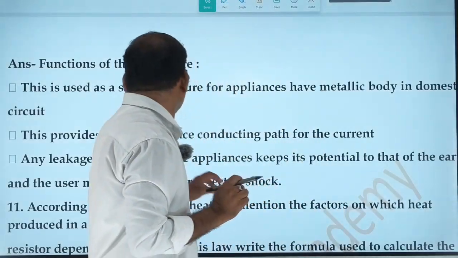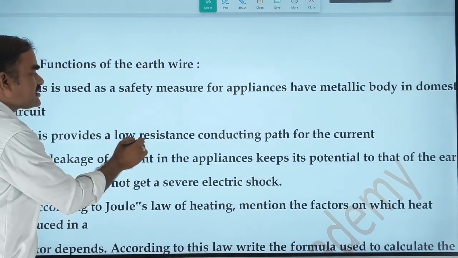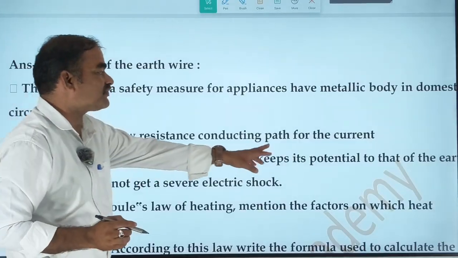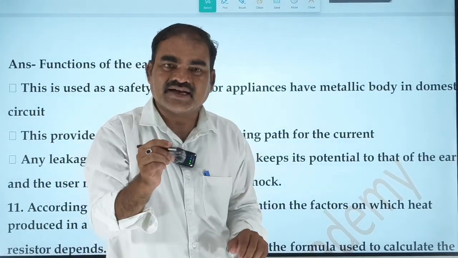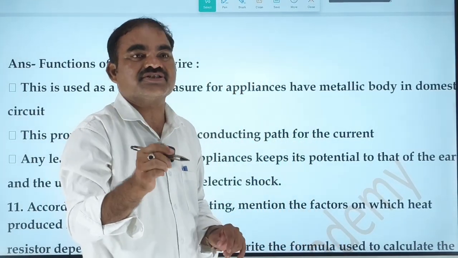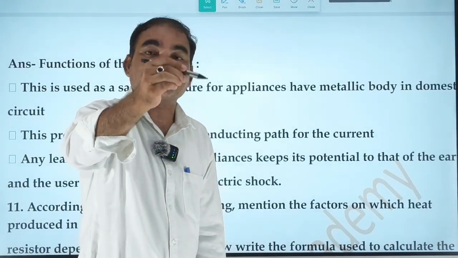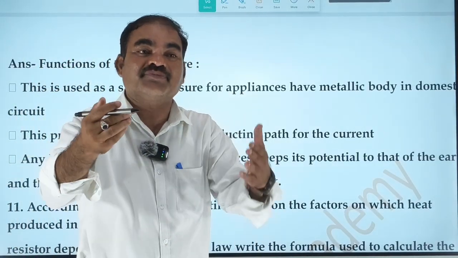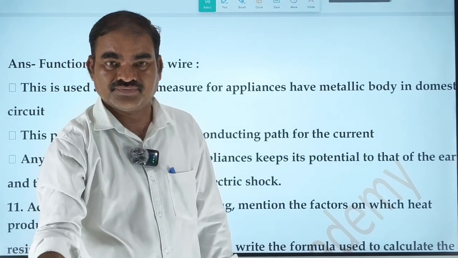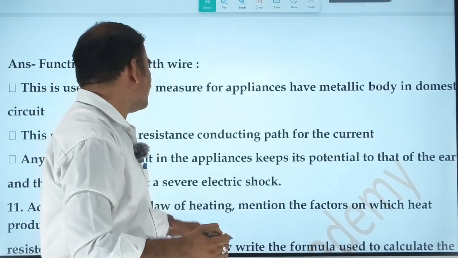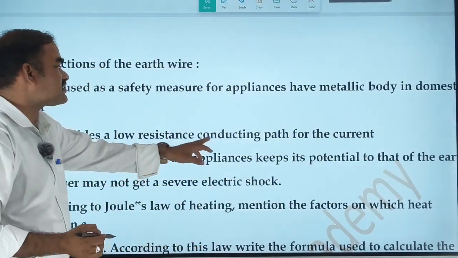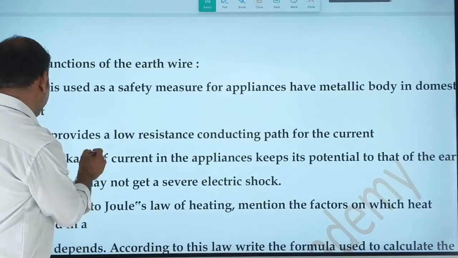Okay. Second one, this provides a low resistance conducting path for current. Why is it having low resistance for the conducting path? Because the maximum extra flow of current will be there, and it passes to earth. That's why it has a low resistance conducting path for the current.